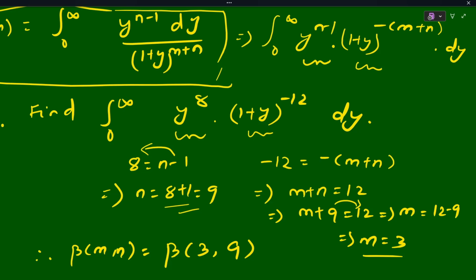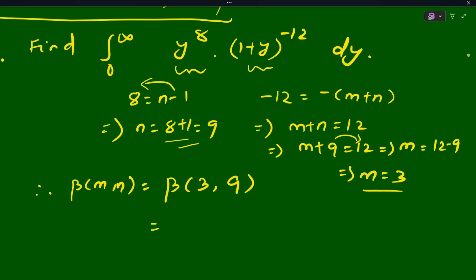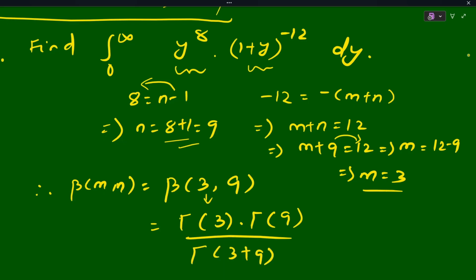Okay, now you have to use the gamma function to find out this one. So what is the gamma function? Now as we know, beta mn is equal to gamma m into gamma n by gamma m plus n. So in place of m there is 3, and n is 9, so it is gamma 3 into gamma 9 by gamma 3 plus 9. Okay, sure.